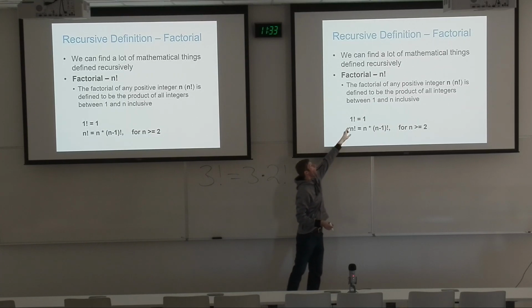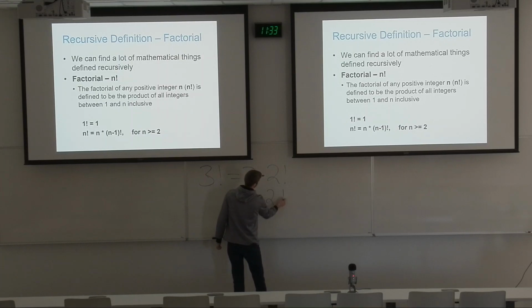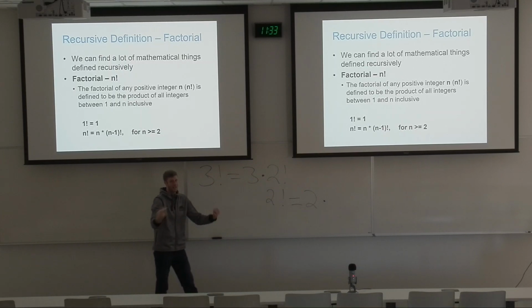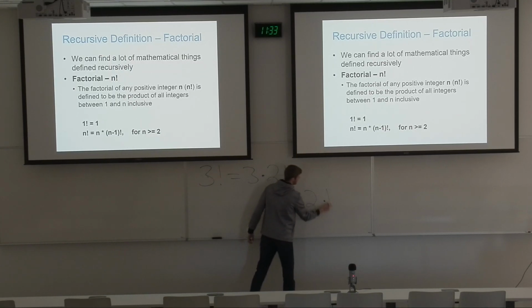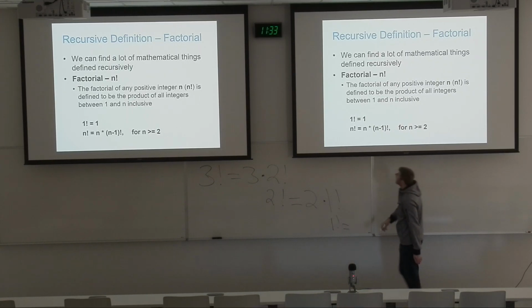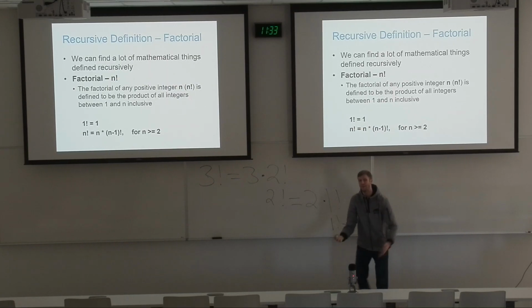Is it 1? No. So we go to the other case. 2 factorial equals n, 2, times 2 minus 1, that's 1 factorial. What's 1 factorial? Well, that equals 1. Why? Because it says right there, by definition.